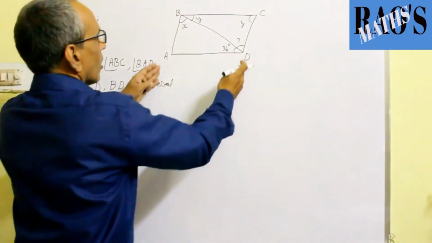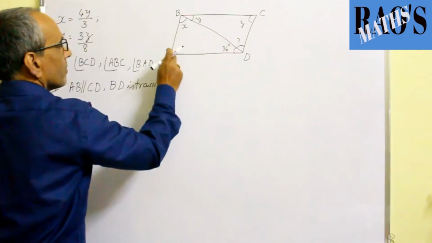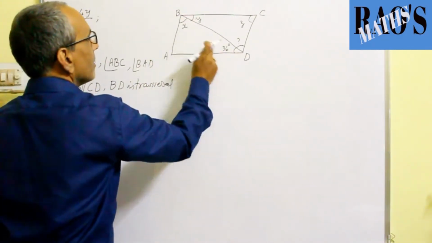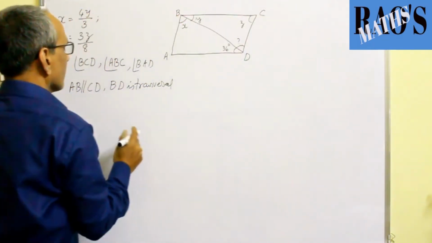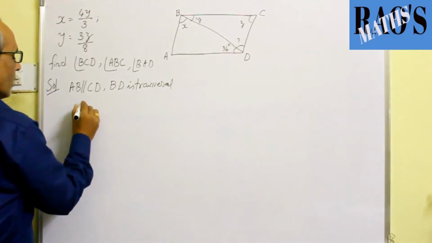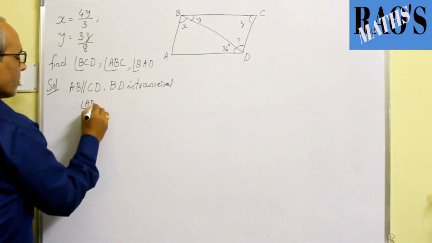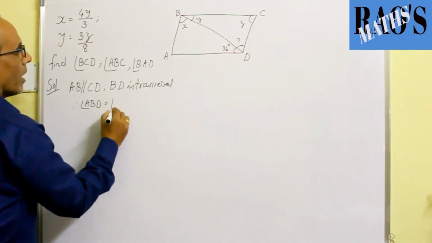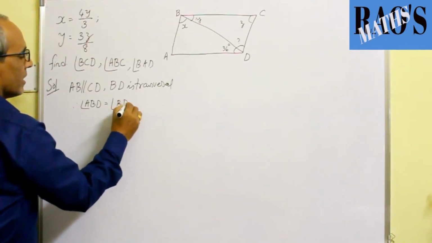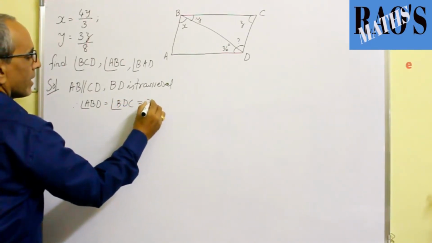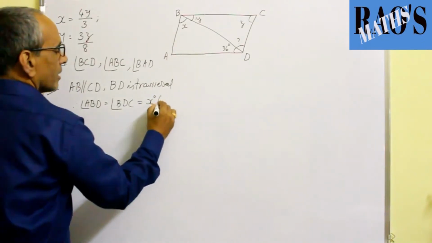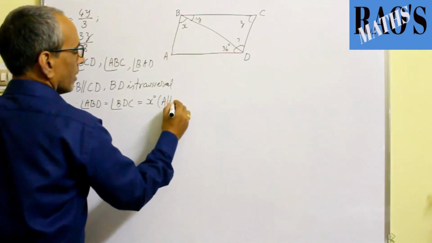If these two are parallel and BD is a transversal, then angle ABD and BDC are equal. Therefore, angle ABD is equal to angle BDC, both measure x degrees, because they are alternate angles.